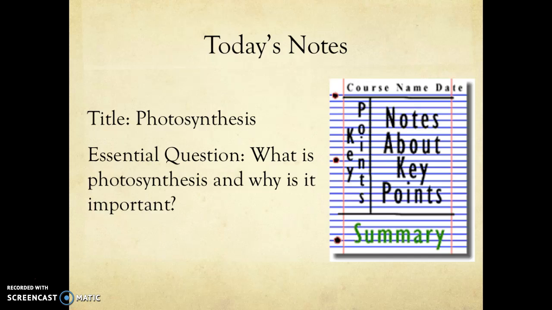We should be doing this Cornell note style, as always. You should have your 2 columns. At the top of the page, you should have your title, which is photosynthesis. And the essential question for today is, what is photosynthesis and why is it important?